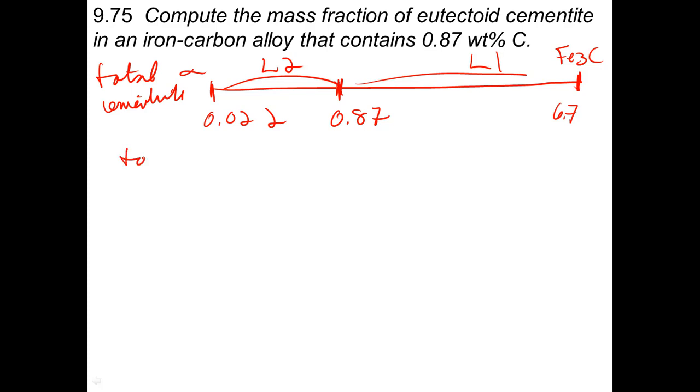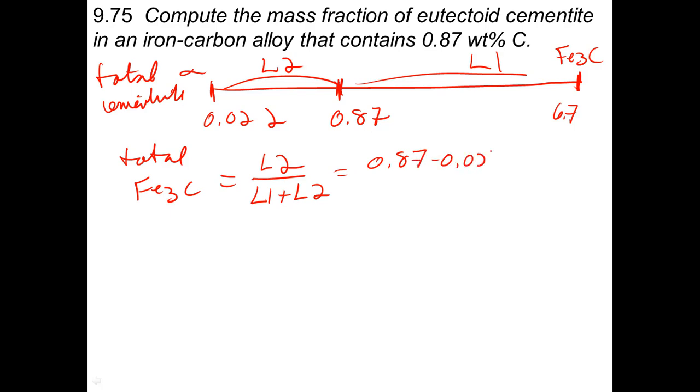I can get the total cementite then is L2 divided by L1 plus L2. So the total cementite that's present is 0.127, and that gives us the total cementite.